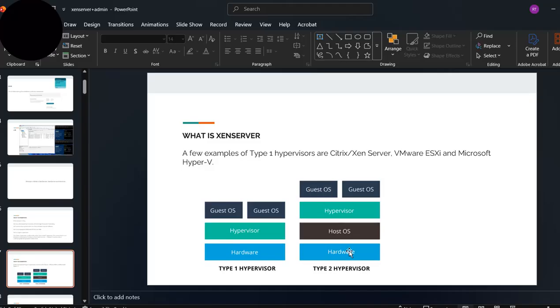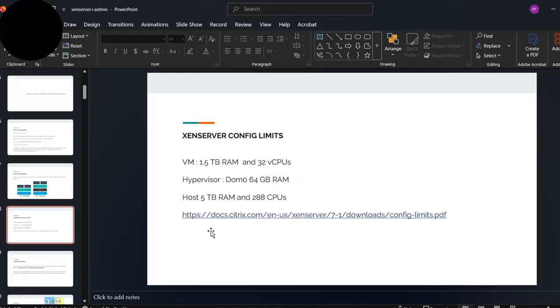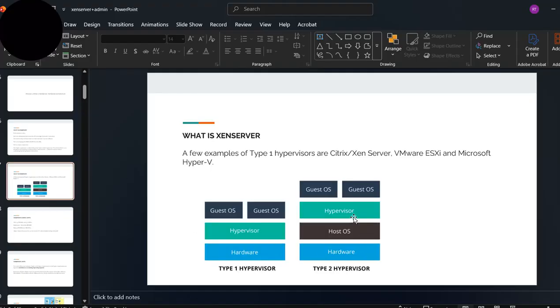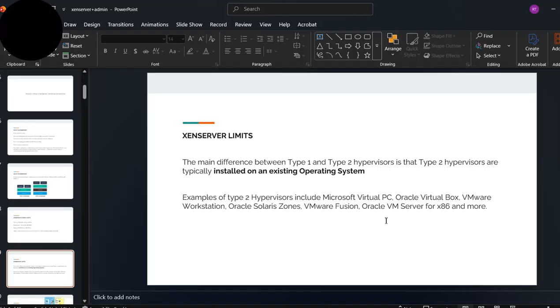So this is called the type 2 hypervisor. The main difference between type 1 and type 2 is that type 2 hypervisors are typically installed on an existing operating system.